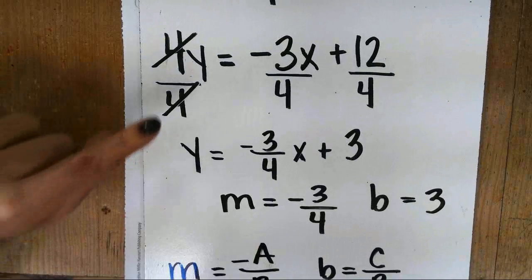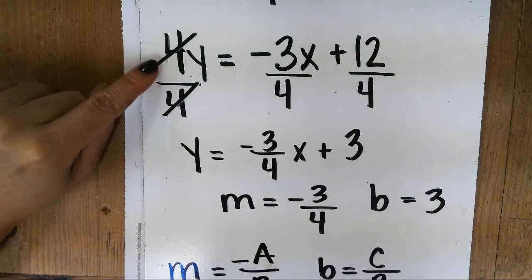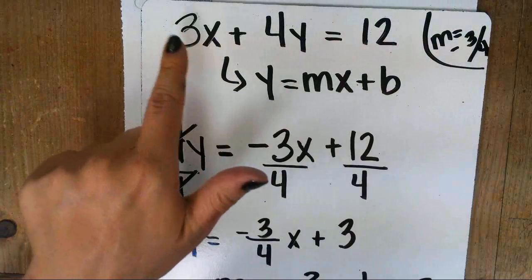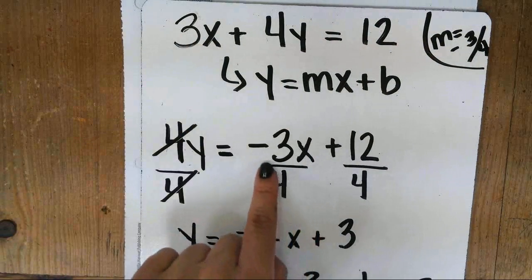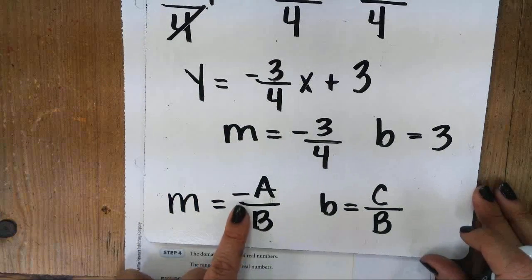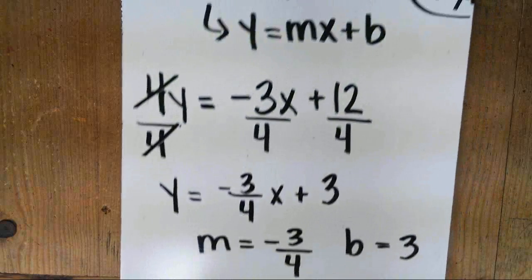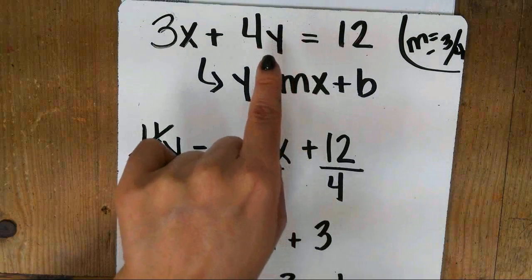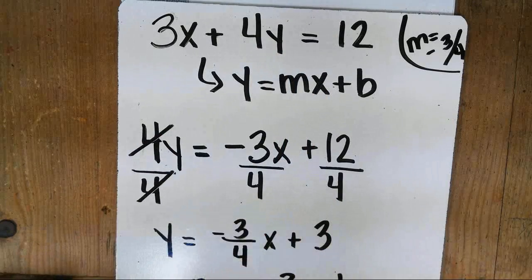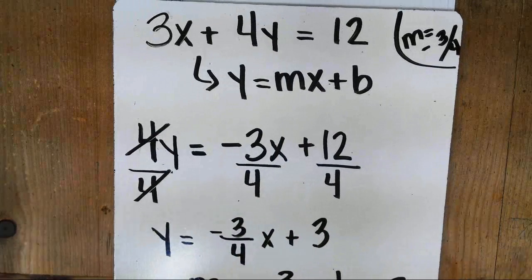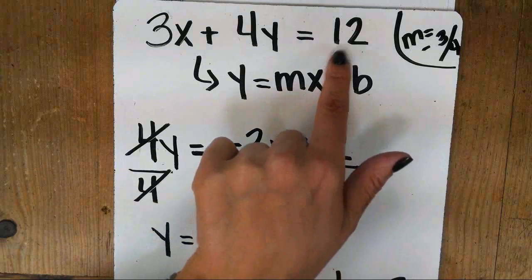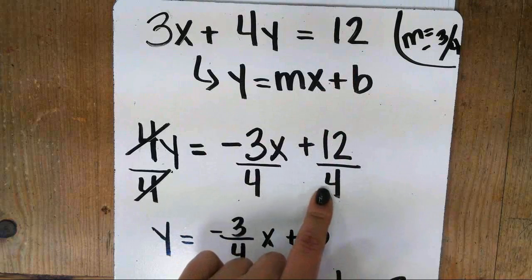If you go into this original equation, you guys see that you have to move this 3x over to the other side. So notice that it goes from a positive to a negative. Okay, so it's the opposite, just like this is. And you divide by b because you need your y to be by itself. So you need to divide both sides by b. Okay, and then your y-intercept is the same concept. You end up dividing both sides by 4, so your c, which is right here, gets divided by the b.